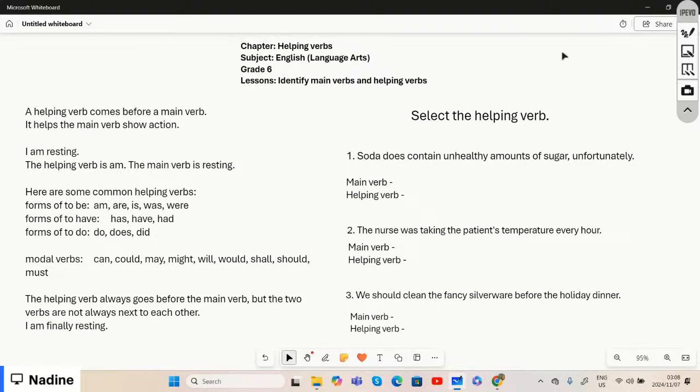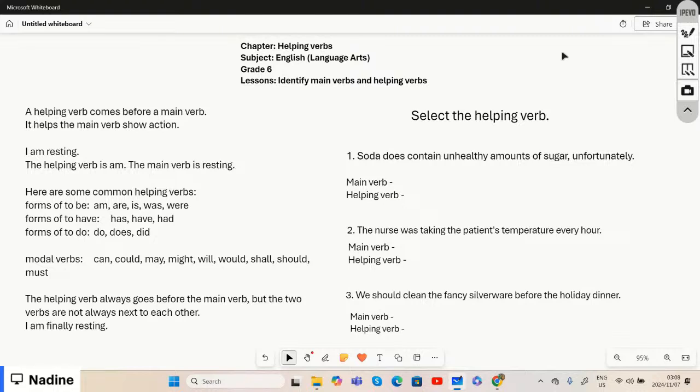So the verb basically tells us the action that either a person or thing is doing. That is the main verb, right? So a main verb is the action that either someone or something is doing.